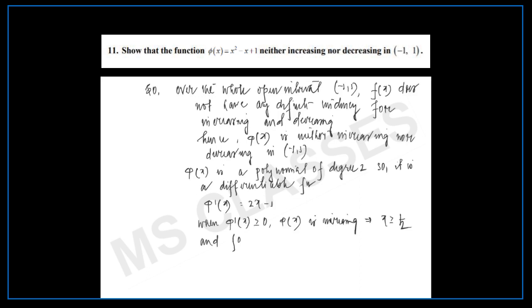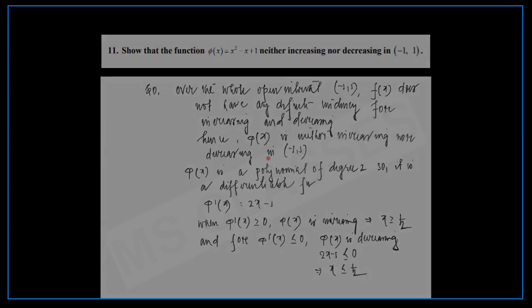And for phi dash x less than or equal to 0, phi x is decreasing. That is 2x minus 1 less than or equal to 0, x less than or equal to 1/2. So both natures are in this interval. So no definite tendency, so neither increasing nor decreasing.